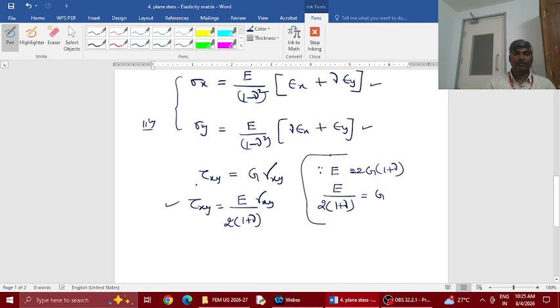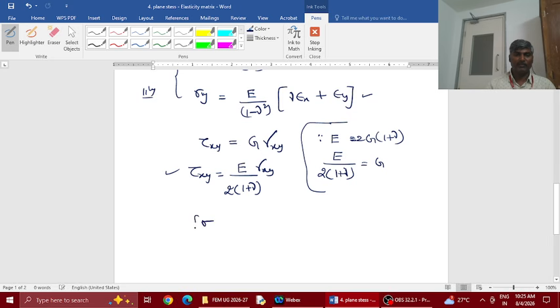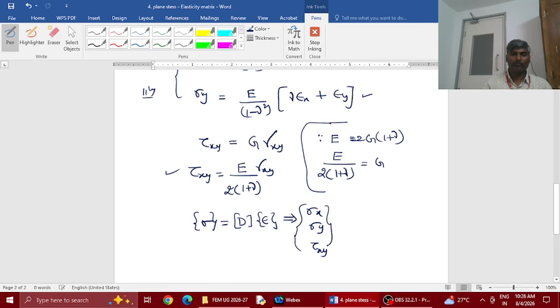Now to get the D matrix, which is nothing but the relation sigma is equal to D into strain. So for the plane stress case, this is the left hand side matrix, and we need to find this D matrix.